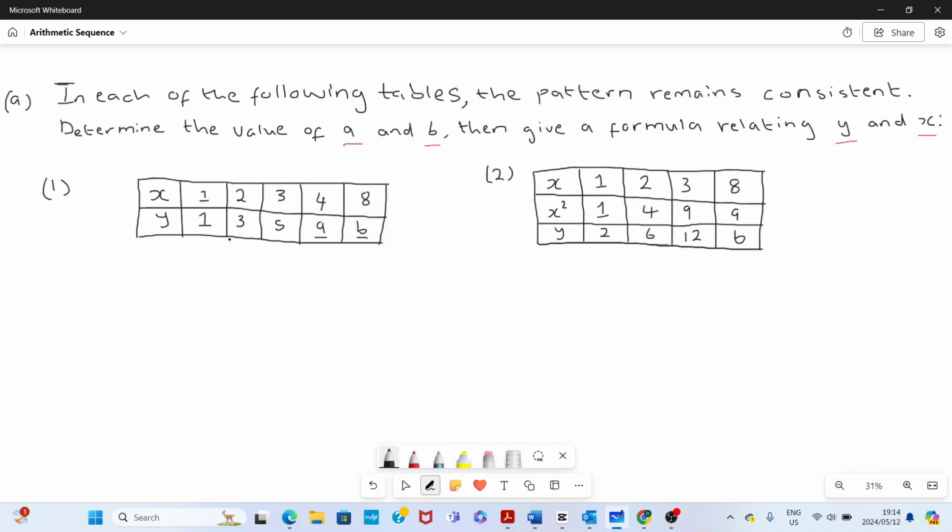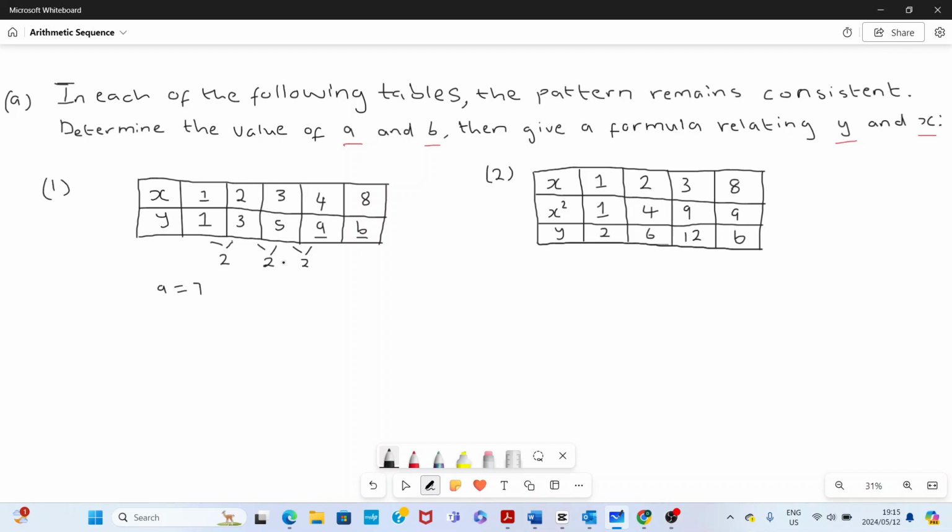If you look closely, you'll notice that the difference between 3 and 1 is 2, and the difference between 5 and 3 is also 2. Therefore, the difference between A and 5 here will be 2, meaning that if we add 5 and 2, we'll get that our A is equal to 7.